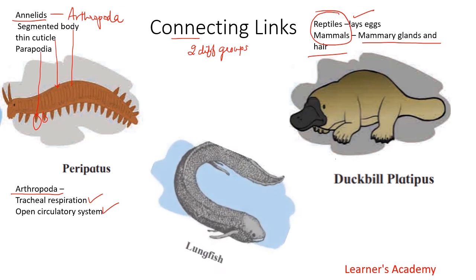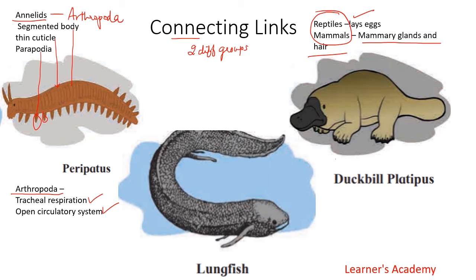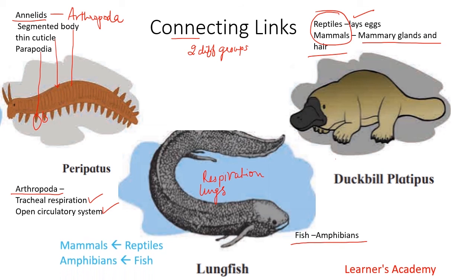One more example is the lungfish. Lungfish is a fish, but it performs respiration with lungs irrespective of being a fish. So it is a connecting link between amphibians and Pisces. All these examples suggest that mammals evolved from reptiles and amphibians evolved from fish.